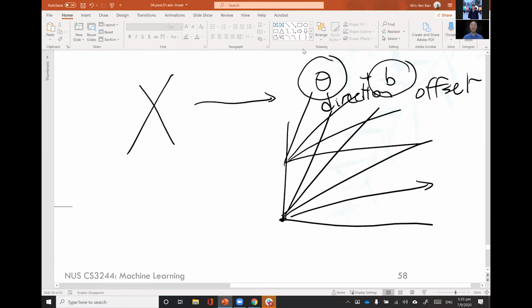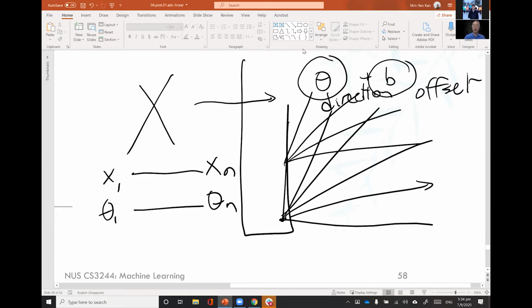Again, in our data matrix we have, let's say, x1 all the way to xn, and we have theta 1 through theta n. Those are all fine, but we need an extra observation. We're going to insert an extra artificial observation called x0, which is always going to be 1, and a theta 0 that's going to allow me to tune where my offset is.